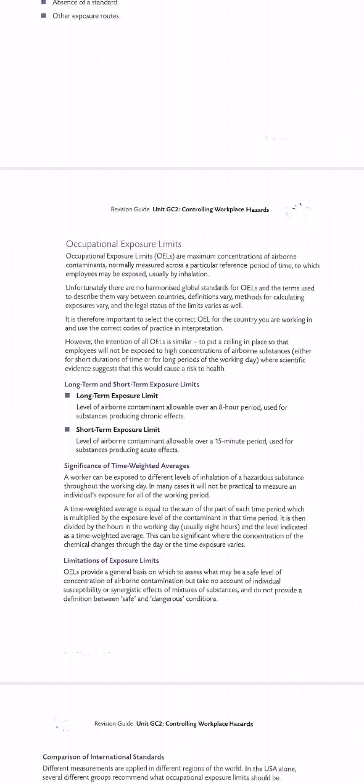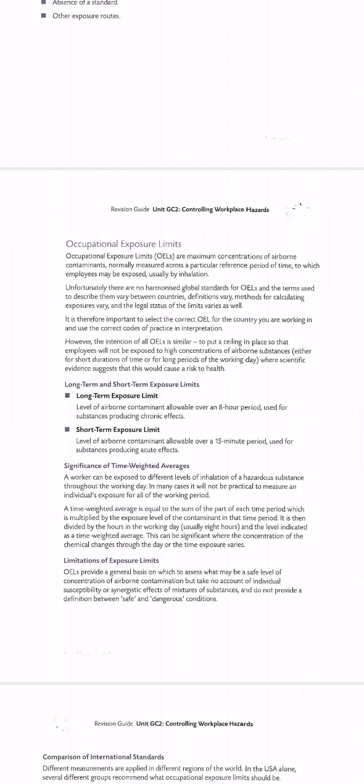So in the OELs, unfortunately, there are no harmonized global standards for OELs. OEL is occupational exposure limit, and the terms used to describe them vary from country to country.